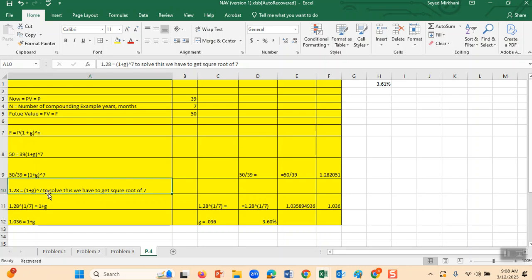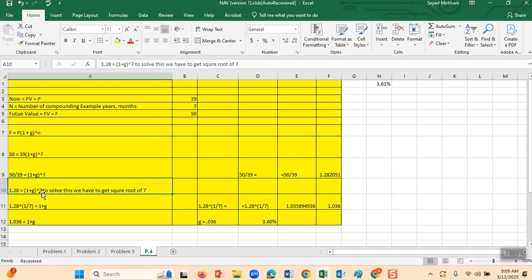The problem that is causing the issue here is this power. In Excel, to use power, do you see this arrow sign that is upside down? It is the power sign that you can use, and Excel understands that. I have to get rid of this power that is causing the problem.